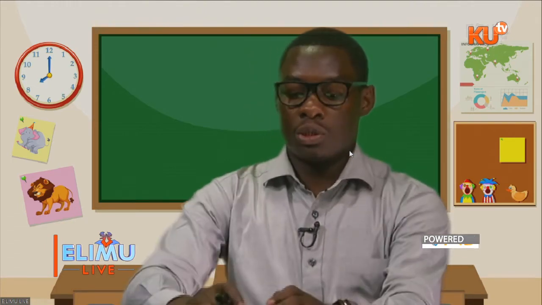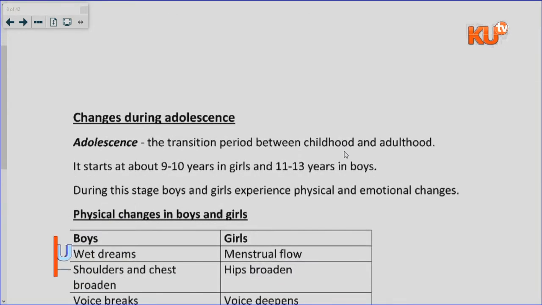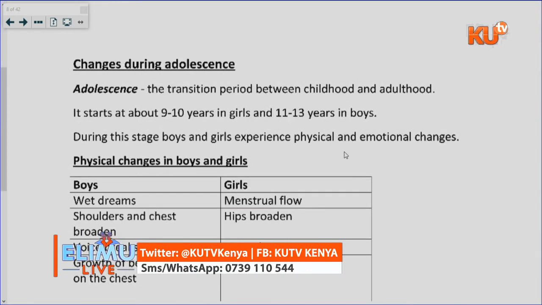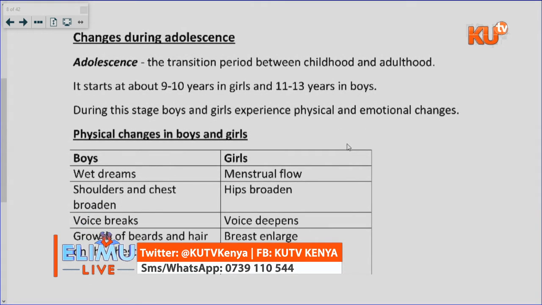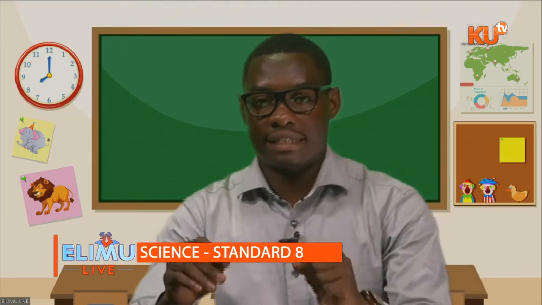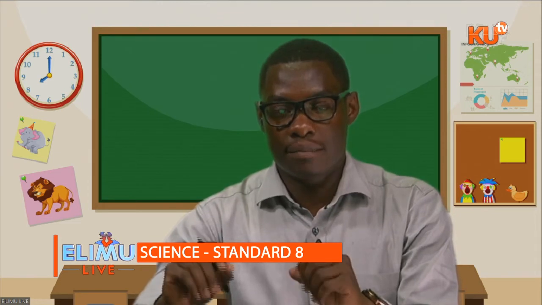So let's look at what adolescence is. It is the transition period between childhood and adulthood, and it starts at about 9 to 10 years in girls. I've told you girls mature faster than boys, and then 11 to 13 years in boys. During this stage we call adolescence, the adolescent is the person in the adolescence period.